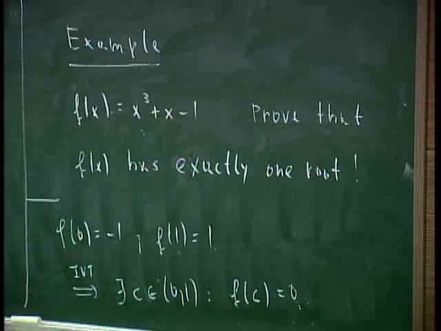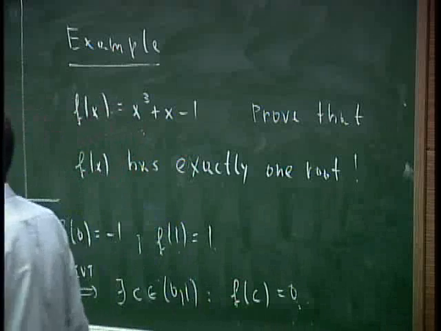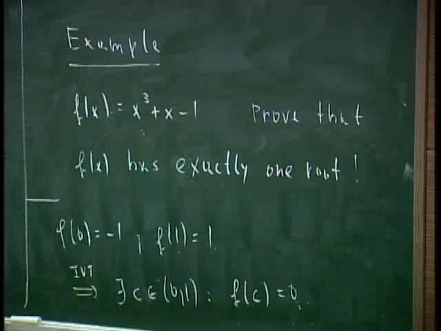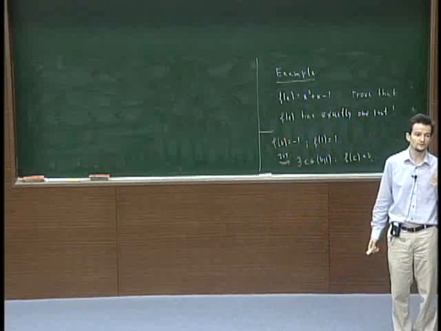Now we have to prove that the root we just found is unique. For this it's very easy to argue. You use proof by contradiction, so you assume there are two roots.